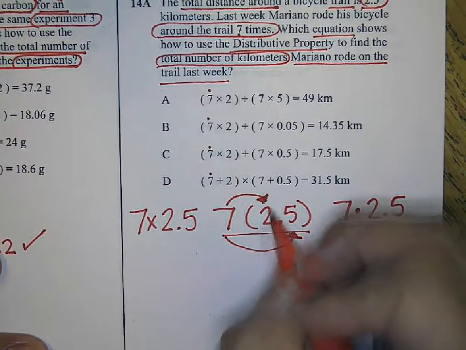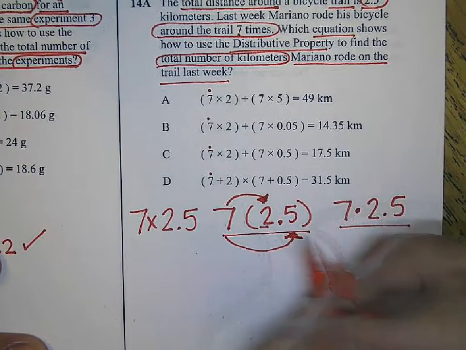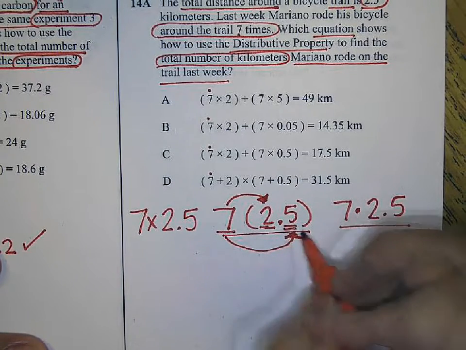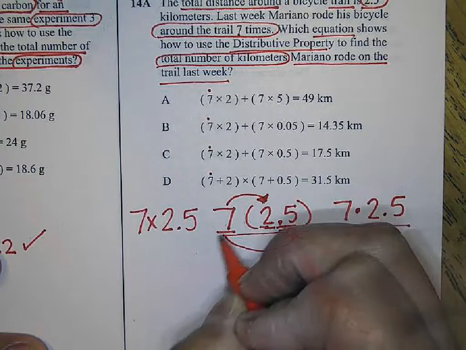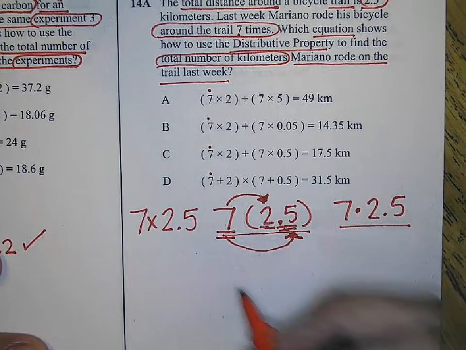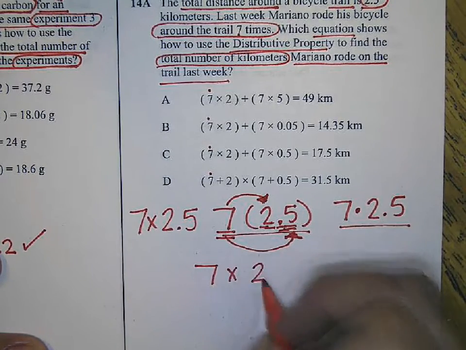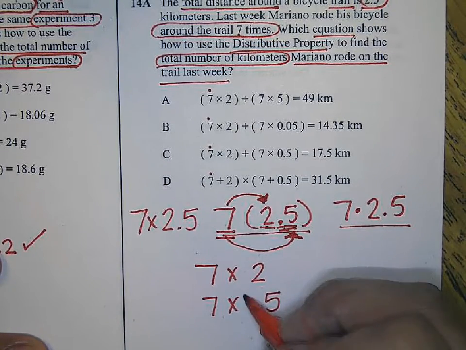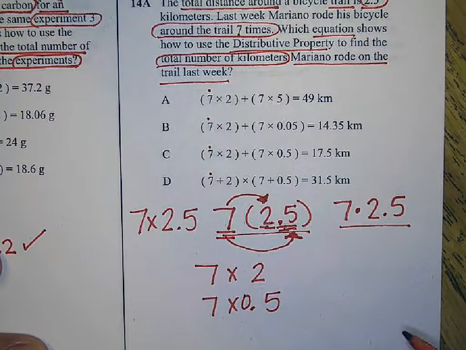So first I do the 7 times 2, then I do the 7 times 0.5. And you can add the 0 if you want to. Okay?